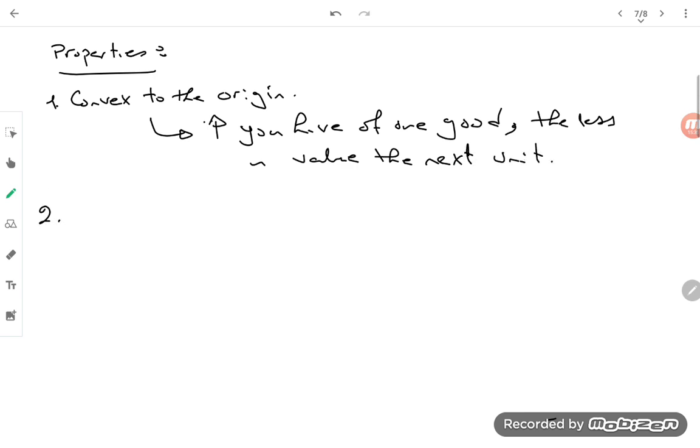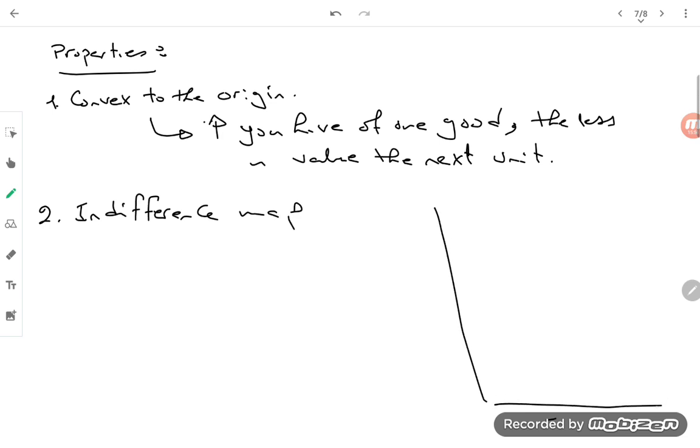Number 2, indifference map, which means that each individual hasn't only one indifference curve, but a number of indifference curves.